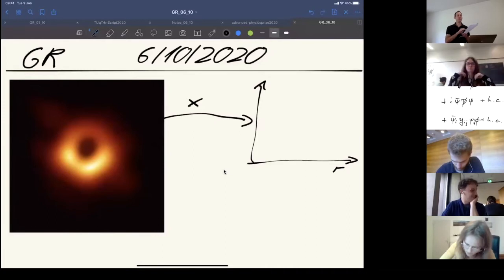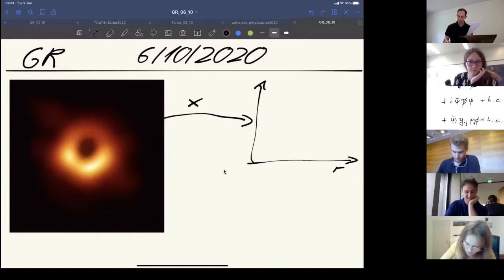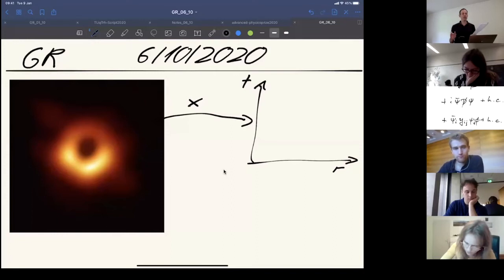Everything going to the right, the horizontal direction, would be a space direction, whereas in the vertical direction we have something like time. And so the question is, of course, how do we choose these coordinates? What are good coordinates? A very natural choice of coordinates would be to say that we are far away, and we have a time direction and a space direction.